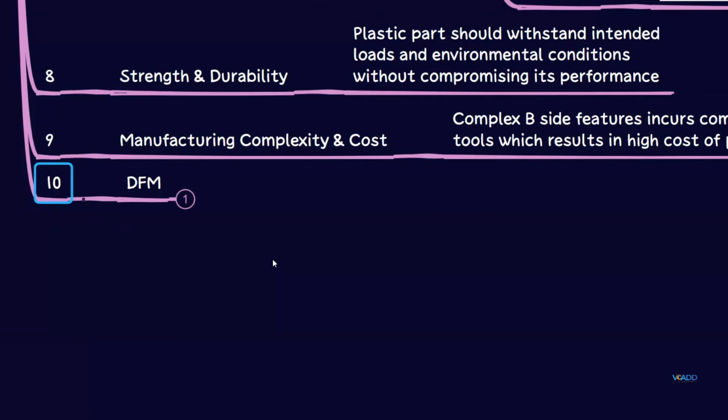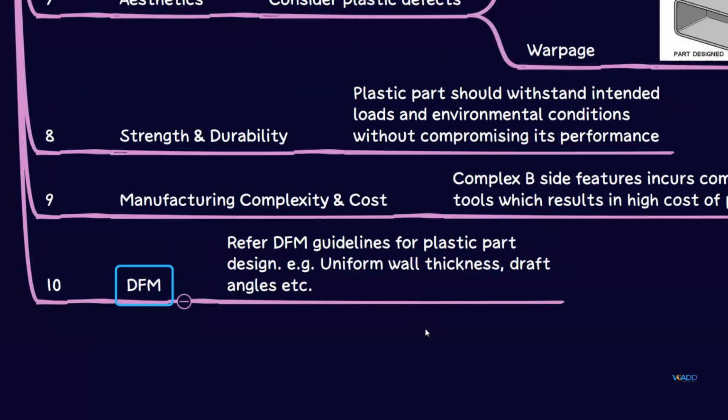The last important factor is DFM, design for manufacturing. You have to refer to all the DFM guidelines for plastic parts. That means you have to maintain uniform wall thickness. Then you have to maintain a minimum draft angle so that the part can be removed from the tool in the pull direction.